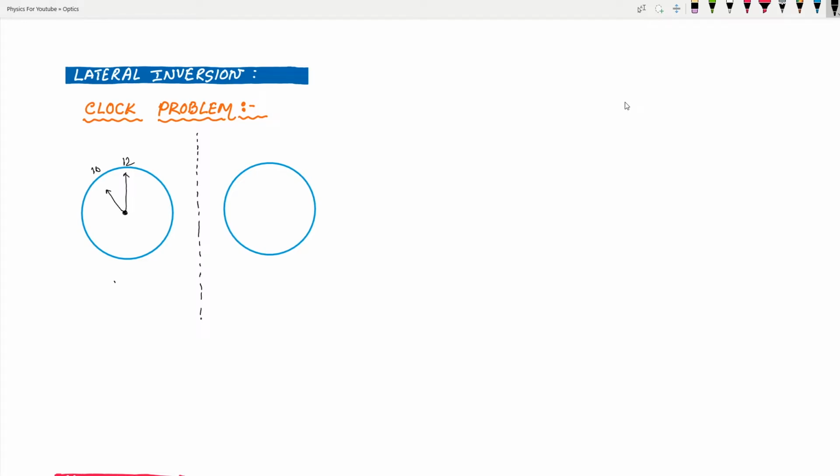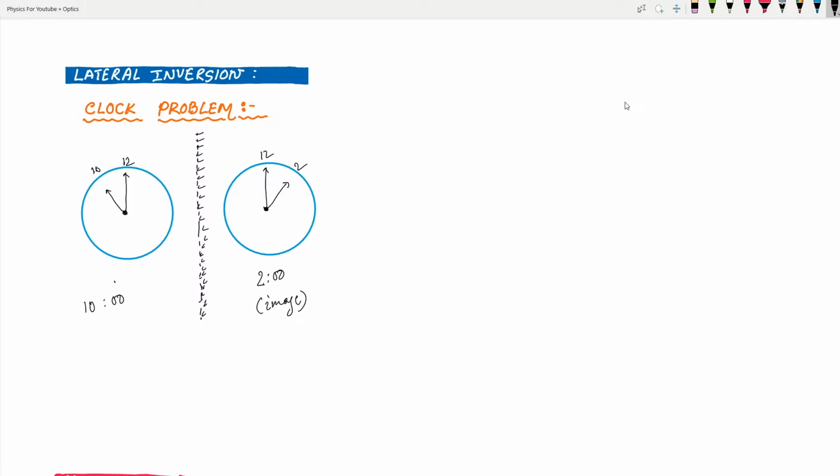So actually this is 10 o'clock, and if this is the mirror's backside, then what will be the clock's timing on the image side? Simple, we know that this will be 12 and this will be 2. So this is 10 o'clock on this side, here it is 2 o'clock on the image side.